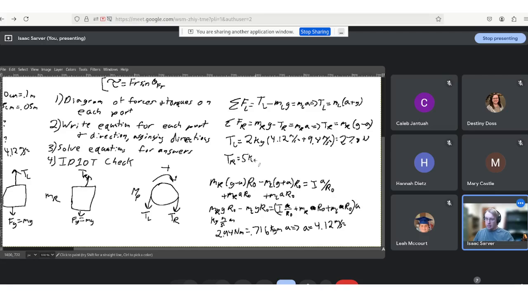27.8 newtons. And T right was 5 kilos, gravity 9.8 meters per second squared minus acceleration 4.12 meters per second squared. So we get that is 5 times 9.8 minus 4.12, 28.4.